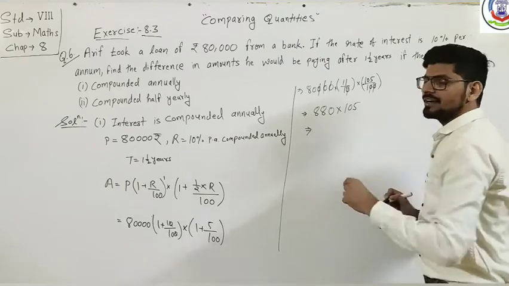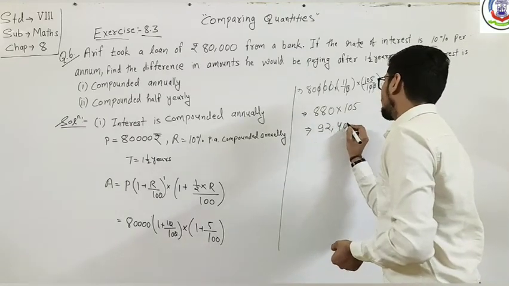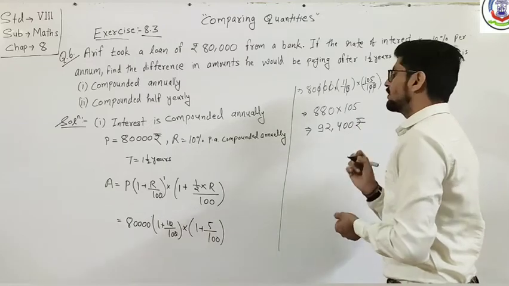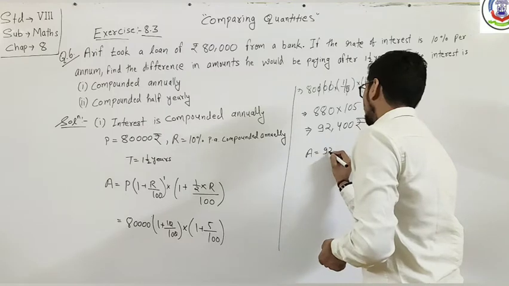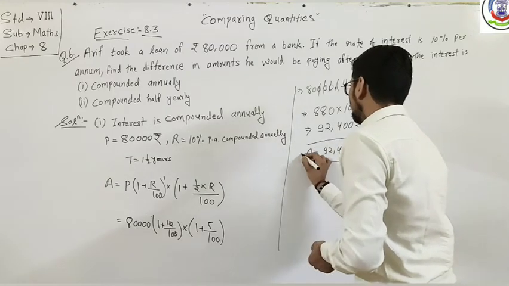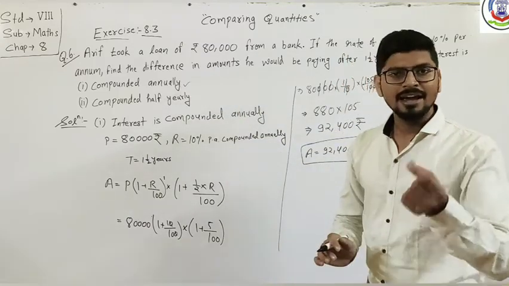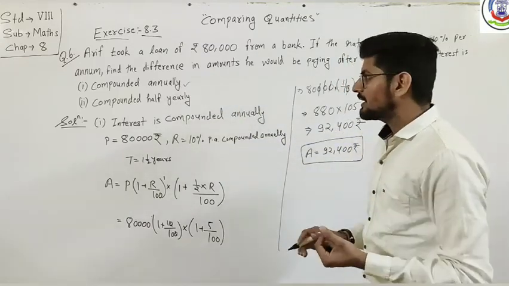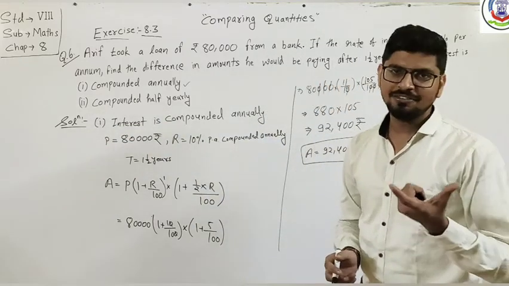ओके, 880 का हम 105 से मल्टीप्लाई करेंगे तो हमें मिलेगा 92,400 rupees, which is your amount when interest is compounded annually. अब हम देखेंगे when interest is compounded half yearly.